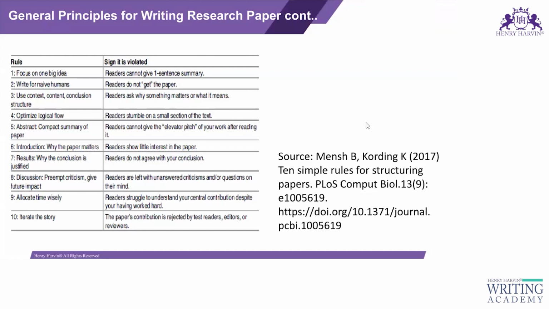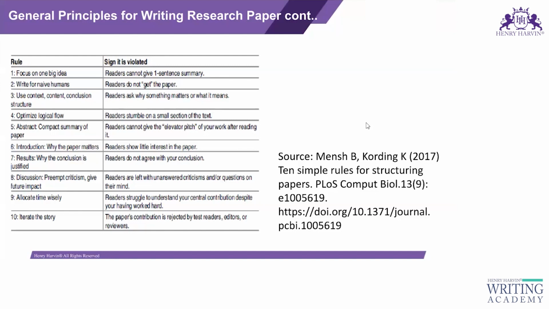Then rule number 3 is to use the context, content, and conclusion structure. Readers ask why something matters or what it means. If you have not followed this context, content, and conclusion scheme, the readers will always be confused because everything is not explained properly.